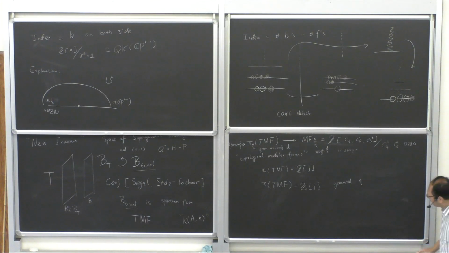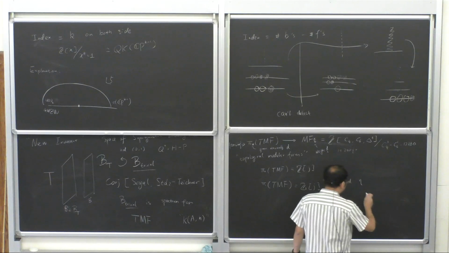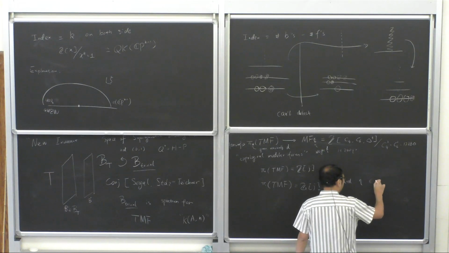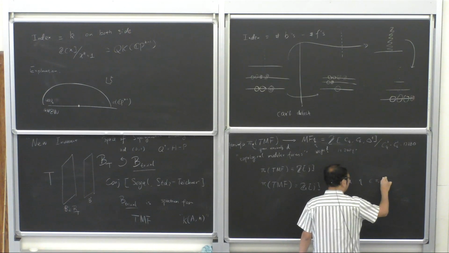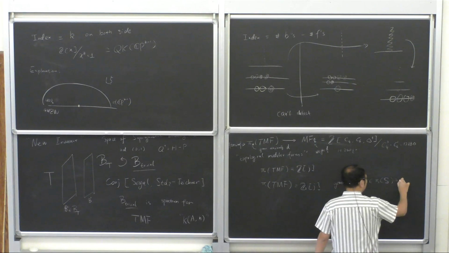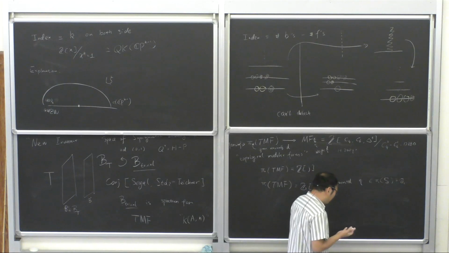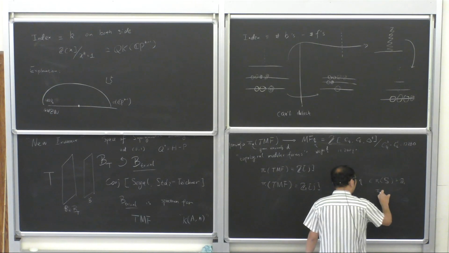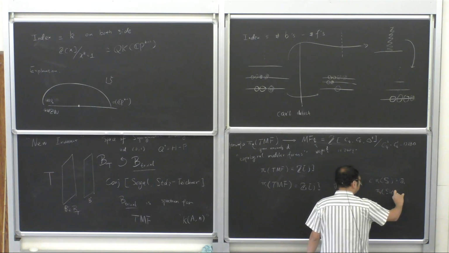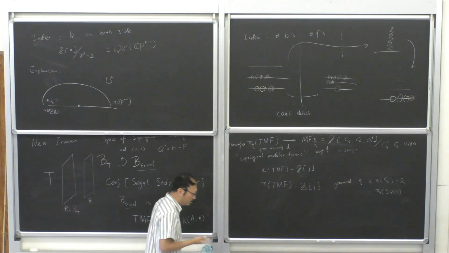I will not explain this too much, but this eta can also be viewed as an element of the stable homotopy groups of spheres. So this is a Z2, and it's the same Z2 that physicists use to understand the Witten anomaly.